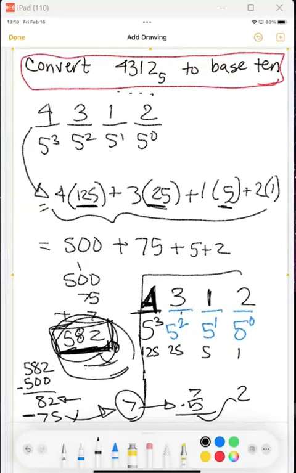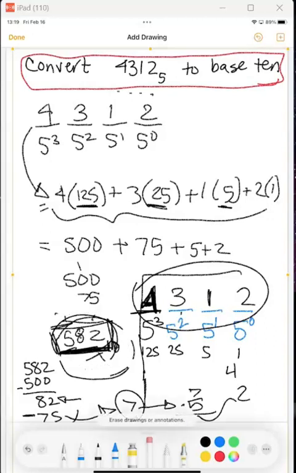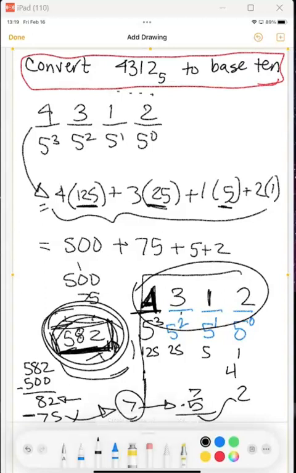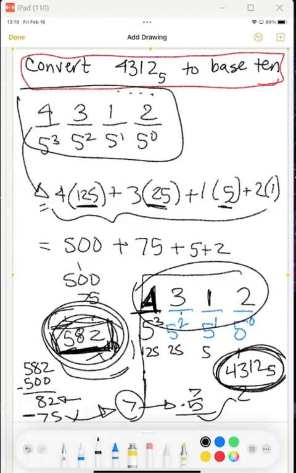So 4312 base 5. Your answer here, if you're converting from base 10 to base 5, would be 4312 base 5. And you'll be shocked, I tell you, that that's your original number. So there's one example for you.